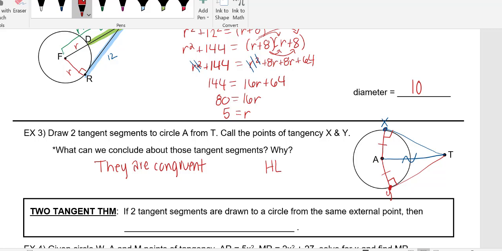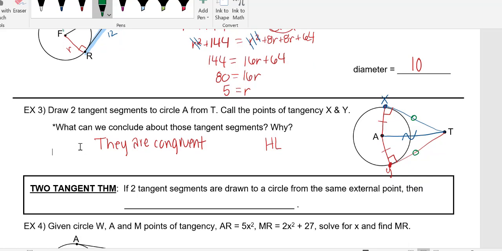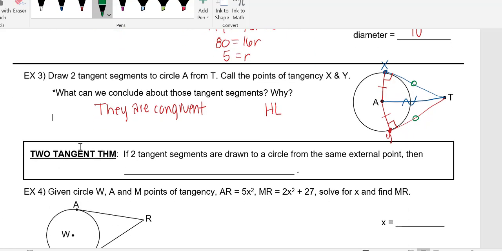So therefore, we can get those last two remaining segments congruent by CPCTC. Crazy, right? I know that was a really very large throwback. But again, the main point of this is to conclude that those tangent segments are congruent.